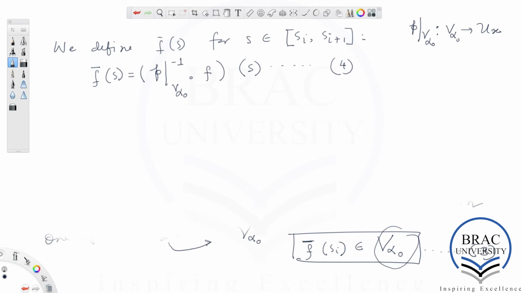Okay, so since it's a homeomorphism, we can call for the inverse, and this is precisely the inverse of the underlying homeomorphism. And that inverse composed with F is defined as F bar. Let me check very quickly that this is a sensible definition.